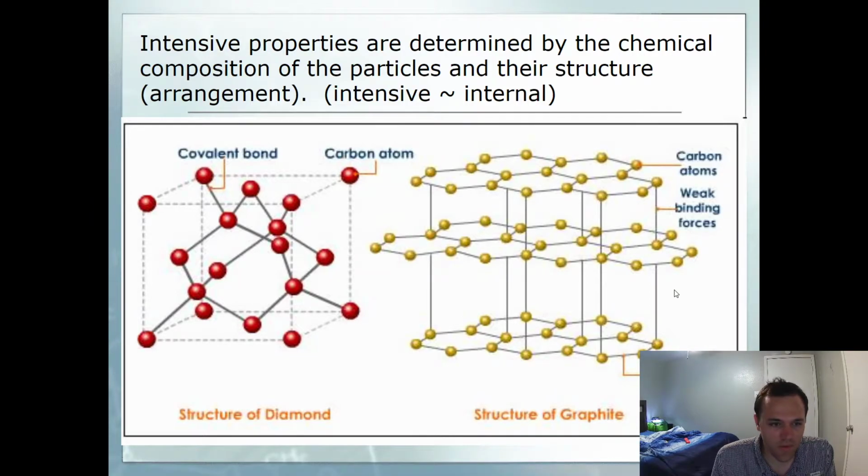That's why when you write, layers of it will scrape off of your pencil and remain on the paper. So the difference between those properties is caused by the difference in how these atoms are arranged.